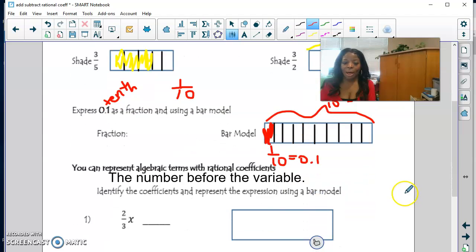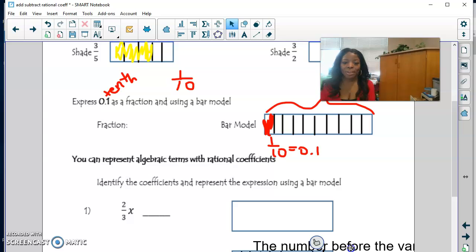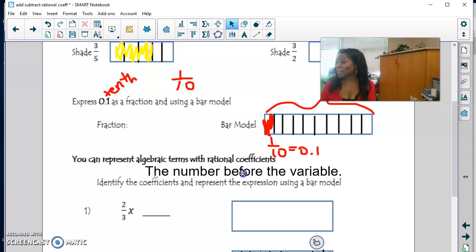Okay, so next on the agenda is you can represent algebraic terms with rational coefficients. There's a new word in this sentence. What's the new word that we haven't heard before? Bar model? Variable? No, coefficient. Let's everyone say coefficient.